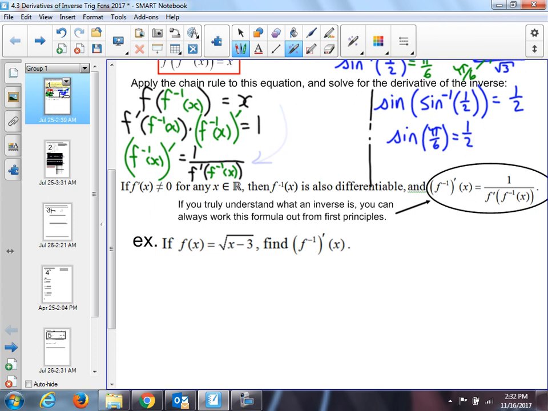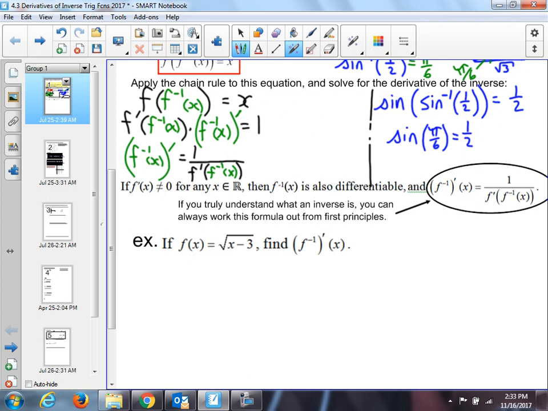I'm not good at memory, but you'll use it often enough that you'll know it. I wouldn't rely on your memory though, but on knowing what an inverse is, doing the chain rule, applying it to this derivative and isolating for it. You can memorize it if you wish. That's one way of doing it.